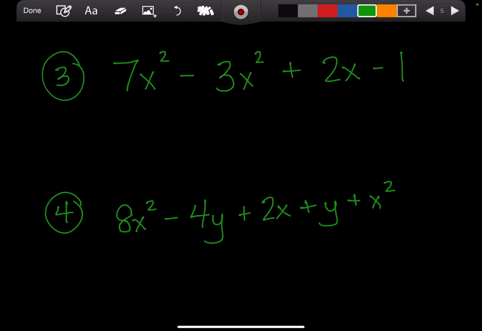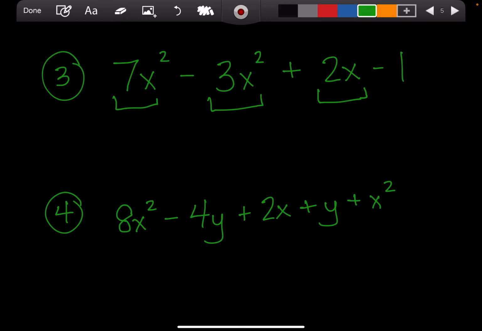So some more complicated examples. Number 3, we've got 7x squared minus 3x squared plus 2x minus 1. We have 3 different terms here that have the variable x. But here's another part of understanding like terms.